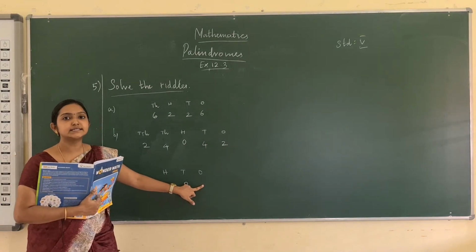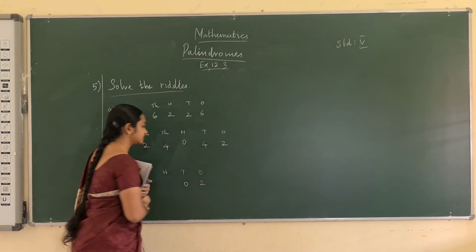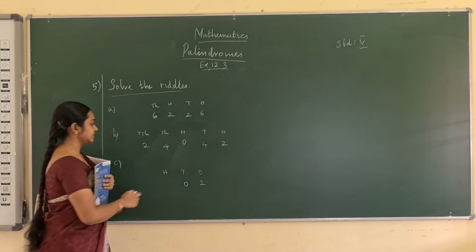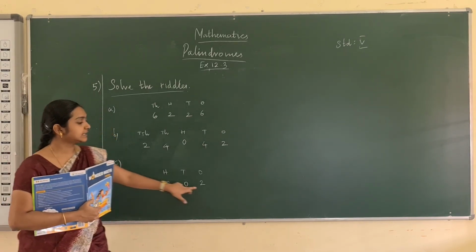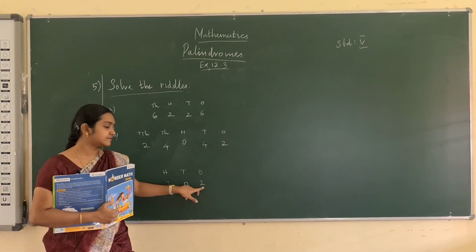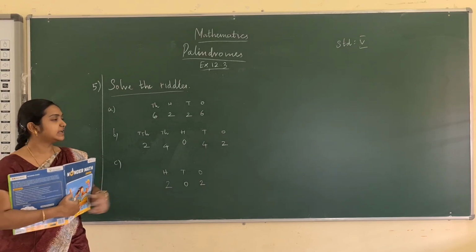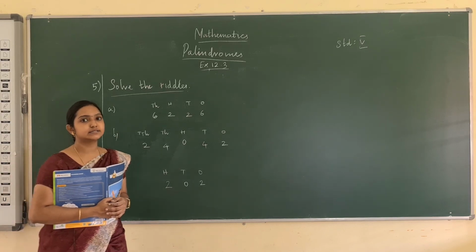Even number less than 3 is 2. The number that is ending is the number that is starting. The starting and the ending number must be same for a palindromic number. So here if the number is 2, the number 2 must be here also. So we have got the palindromic numbers by solving the riddles.